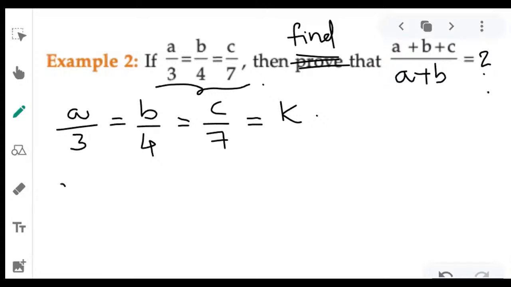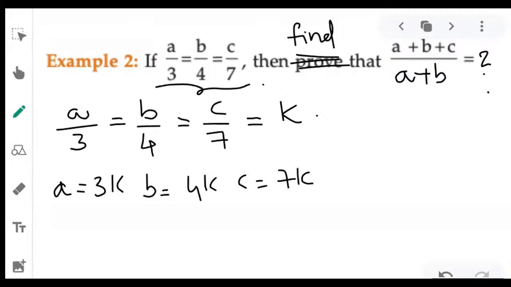Yeah. A is 3K, B is 4K, and C is 7K. And value of K is 1. Why? We have to divide it, ma'am. You don't need to take the value of K as anything, right? Let it be there. Okay.